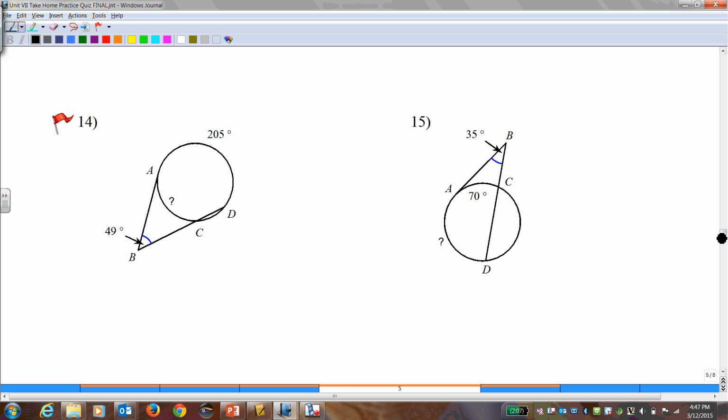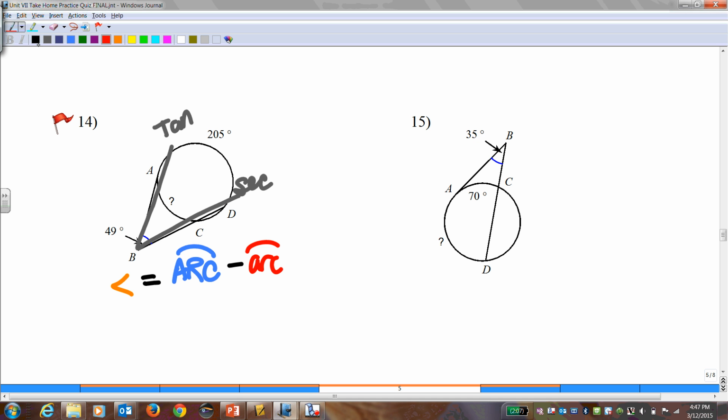Let's take a look at 14. We start by tracing the arms of the angle, trying to figure out what we have here. We have here a tan secant. So we write the equation. Angle equals big arc minus little arc over 2.